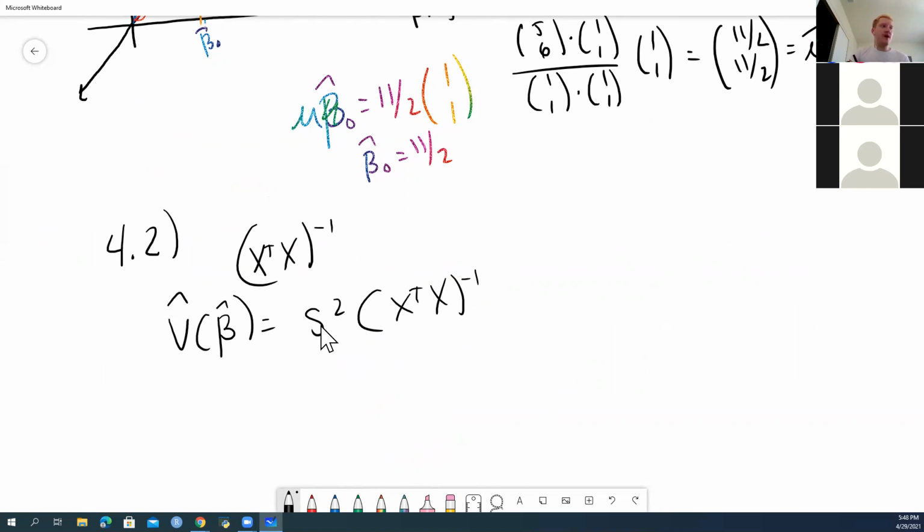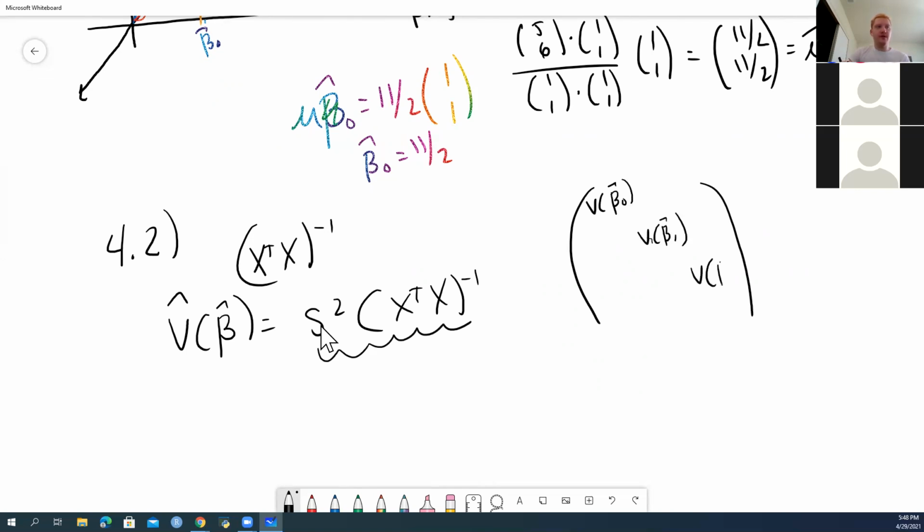And from here, you can find all the variances. If you take this matrix, and let's say it's a 3 by 3, then this would be the variance of beta naught hat, variance of beta 1 hat, variance of beta 2 hat.